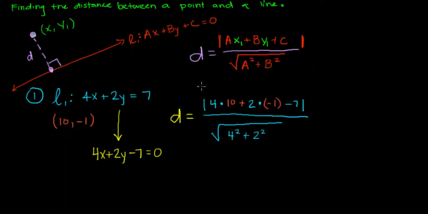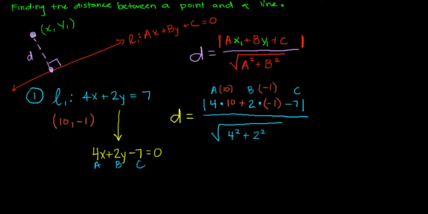So if you're going through this, what did I do? Well, all I did was take A, B, and C and put A, B, and C, just like that. And then I multiplied the coefficient of the x by the x value of the point, and I multiplied the coefficient of the y value by -1 right there. And that's it. That's all we're doing.